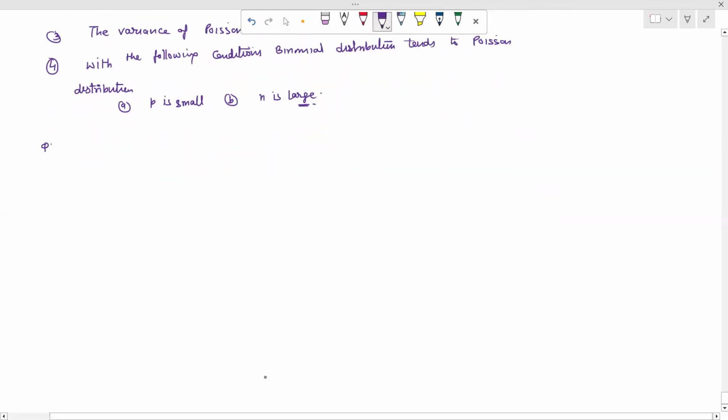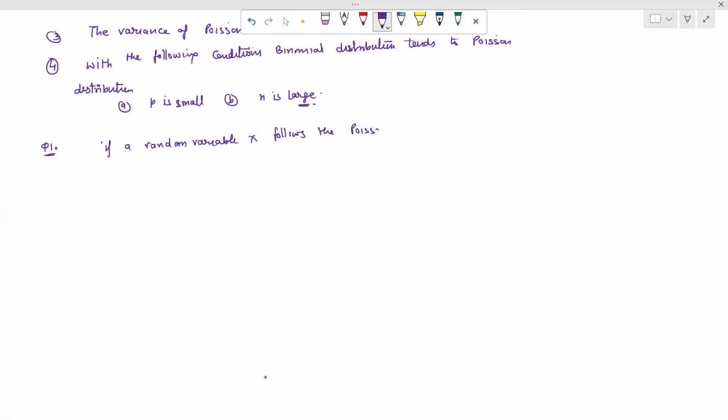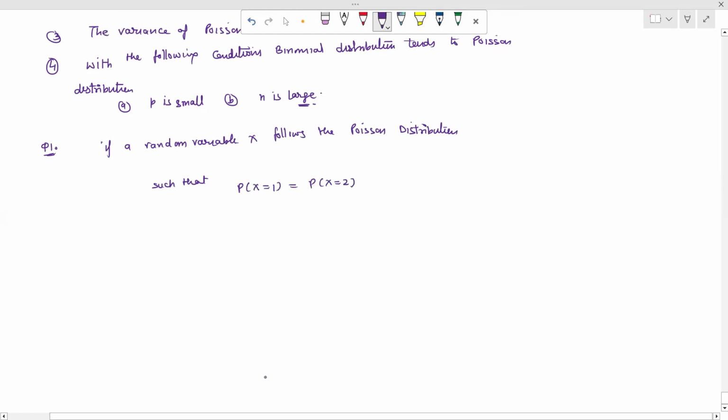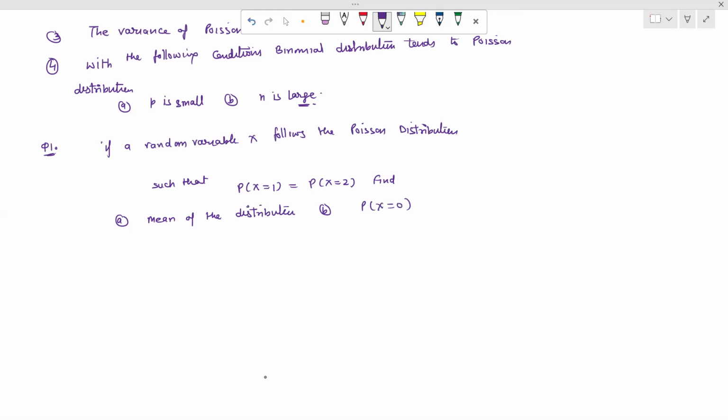The first question: if a random variable x follows the Poisson distribution such that probability P of x equal to 1 is equal to P of x equal to 2, find the mean of the distribution, which means we calculate lambda. Second, calculate the probability of x equal to 0 after finding the mean.